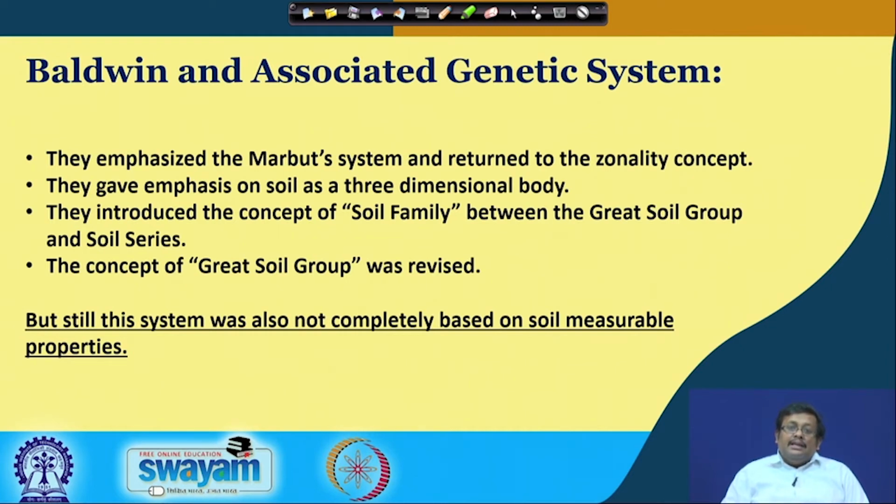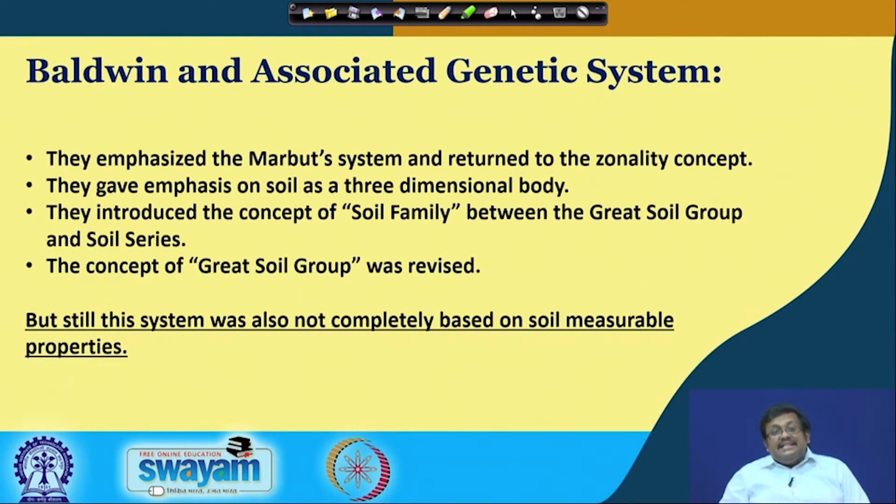So, Baldwin and his associates moved back to this zonality concept, and they emphasized soil as a three-dimensional body, and they introduced the concept of soil family between great soil group and soil series. We will discuss these later, when we discuss soil taxonomy, and the concept of great soil group was further revised.